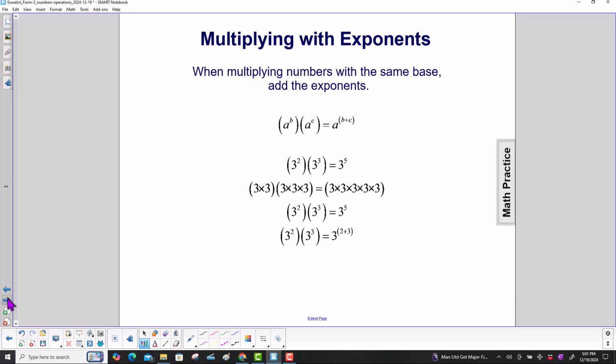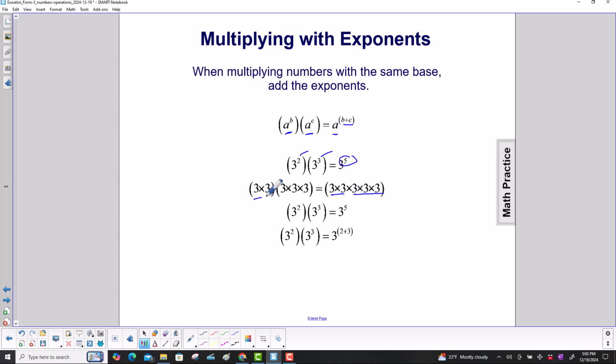When multiplying numbers with the same base, just add the exponents. So here we have a to the b times a to the c, and that's just going to be a to the b plus c, right? Because we have the same base there, a. So 3 squared times 3 cubed is 2 plus 3, 3 to the 5th. 3 times 3 times 3 times 3 times 3 is also equal to 3 times 3, that's the first 2, times the second 3.